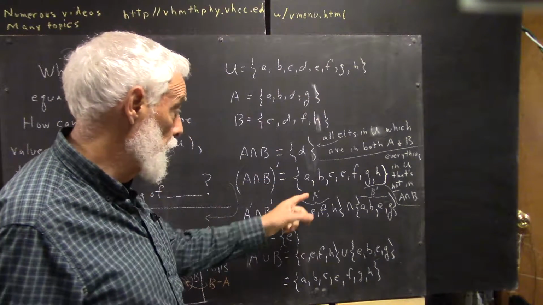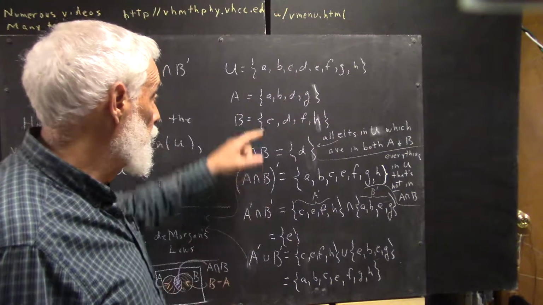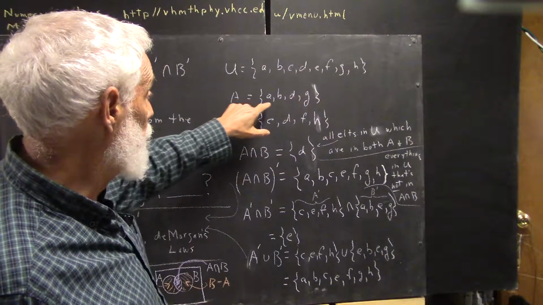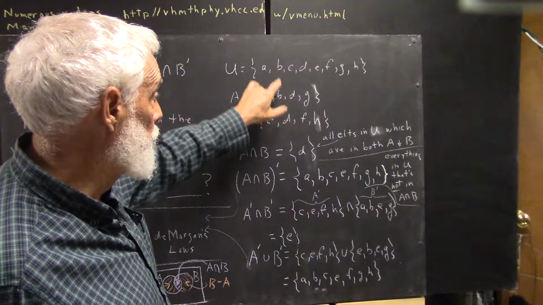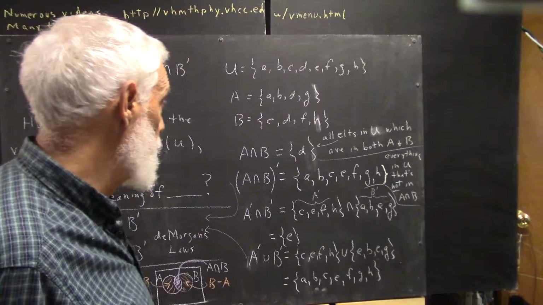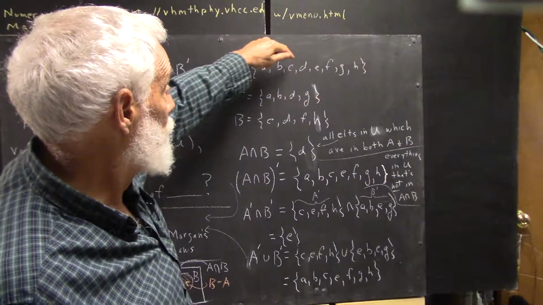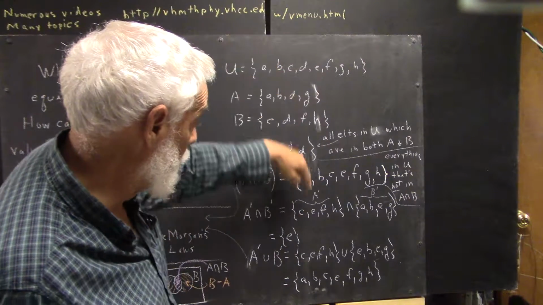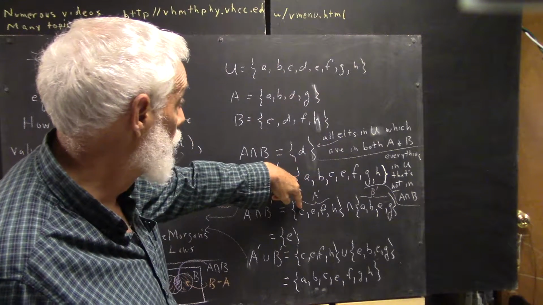How do I get A prime? A prime is everything that's not in A. So, let's see. A contains the letters A and B, so those members of the universal set are not going to be in A prime. But C does not appear. C in the universal set doesn't appear in A, so it goes into A prime.